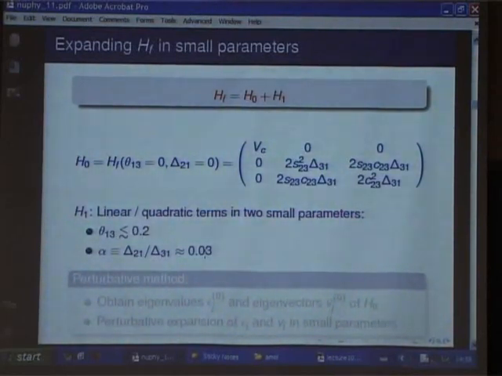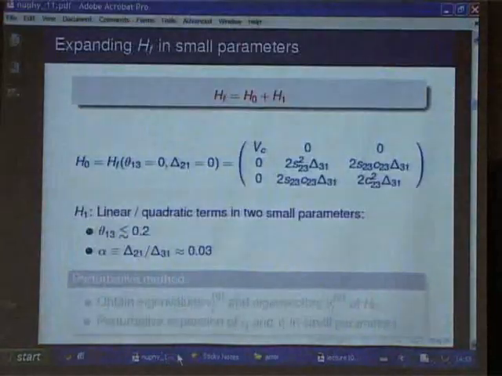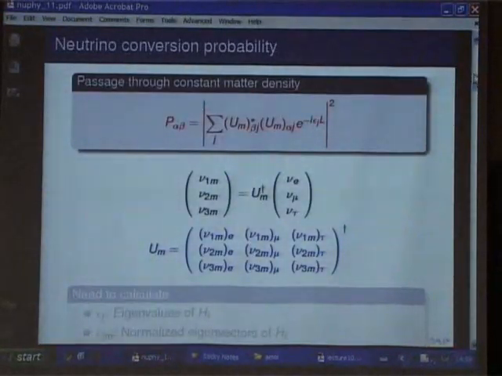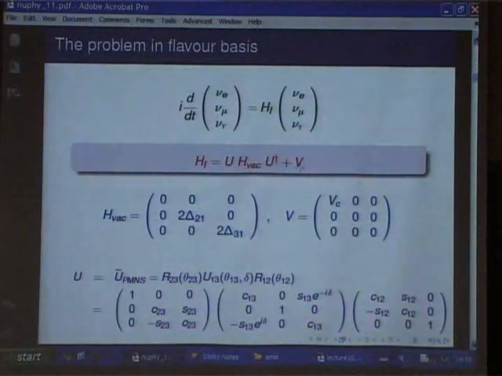Knowing that we have two small parameters, what we will do is first put these two parameters equal to 0 and see what the Hamiltonian becomes. If the Hamiltonian is easily solvable, then we keep that as our H0. And then H1, which is the perturbative part, is something that involves these two small parameters. So now what I will do is take this Hamiltonian, which we saw on this page.